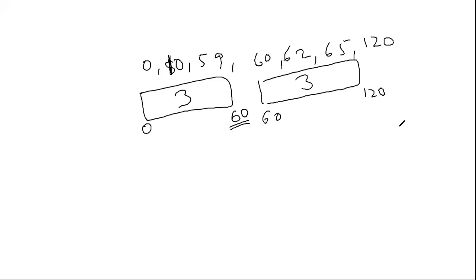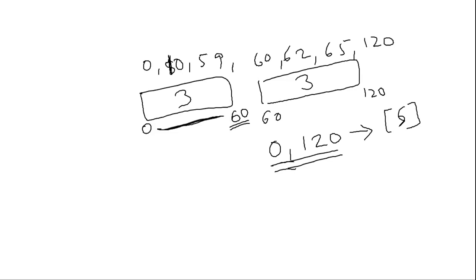So now if the problem asks, okay, give me the tweets from 0 to 120, then I'm not returning 6. I will check how many minutes are between 0 and 120. So we'll say there are 2 such minutes. First is this one. So I will go and check how many tweets were in this particular minute.